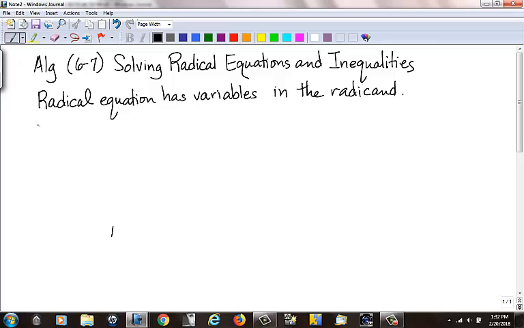One is you isolate the radical. That means you get the radical by itself on one side of the equal sign. If there's more than one radical, then you may have to do that twice. So you isolate the radical.